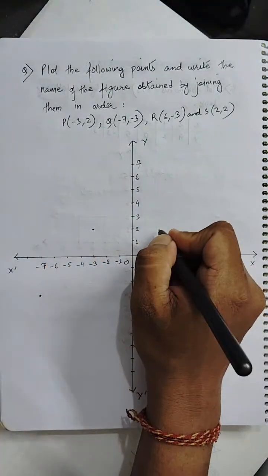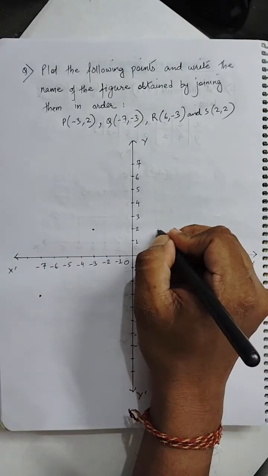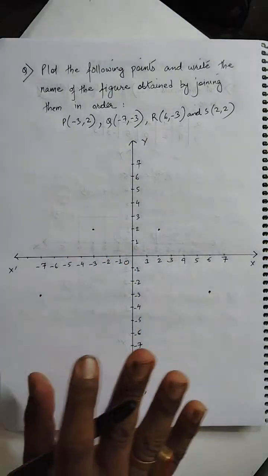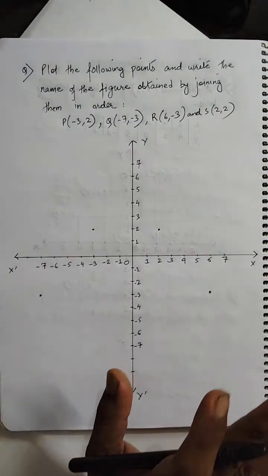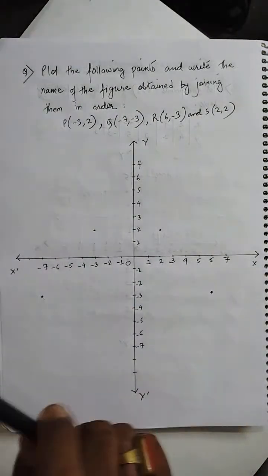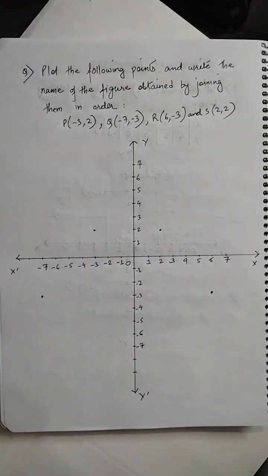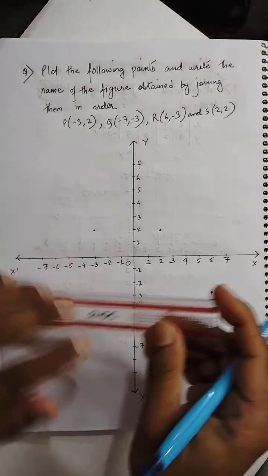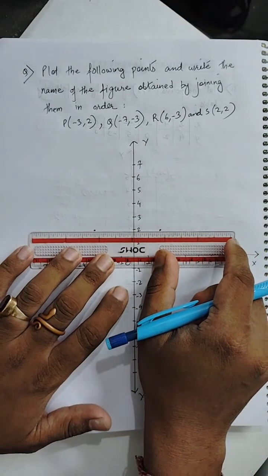Okay, so we have marked the points. It may be a bit crooked because I am drawing on a plain paper. Okay, now we have to join the 4 points and see what figure we get. Okay, so let's join. So this looks like a trapezium. So let's join and confirm.